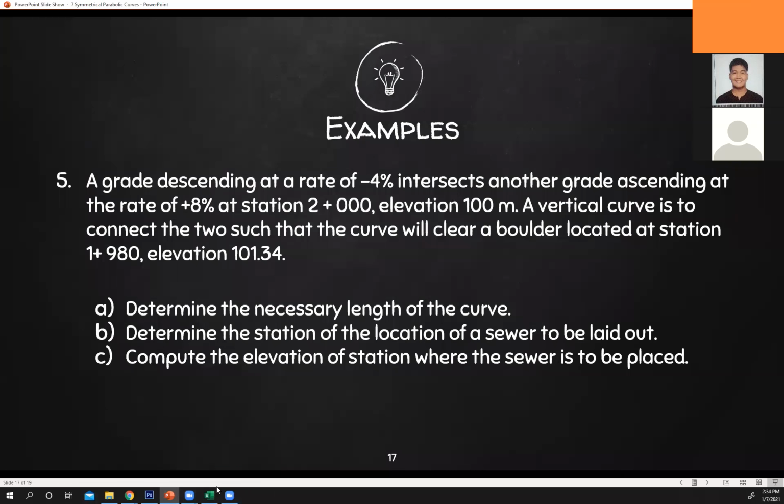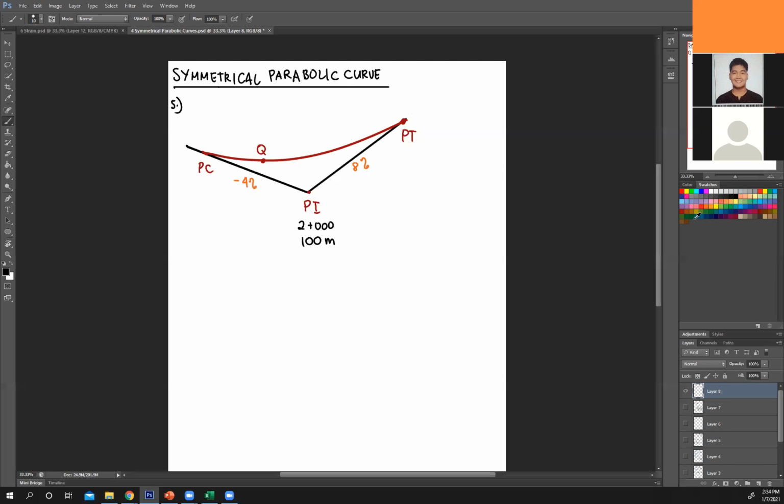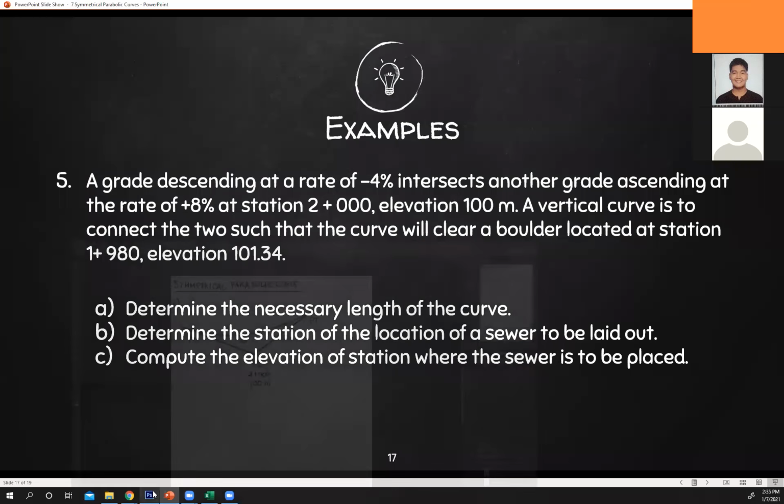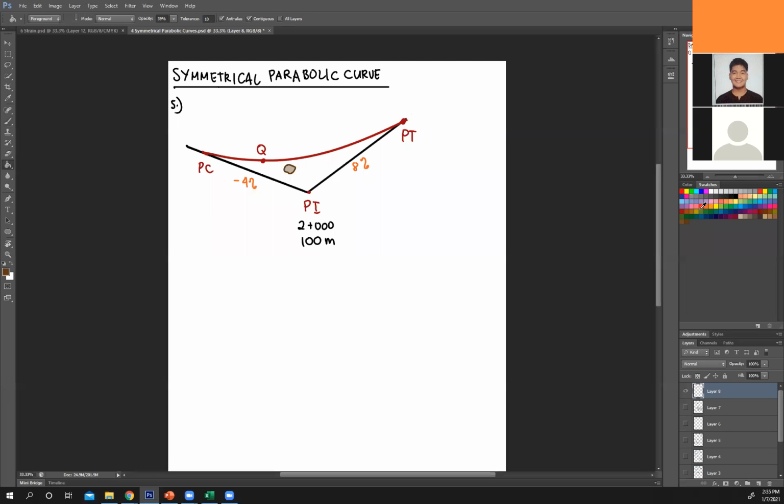So let's draw a boulder. So there's a boulder over here. So it's at station 1 plus 980. This is station 2. So it's to the left of that. So it's somewhere here. And that's where your boulder is. And that is at station. Okay.